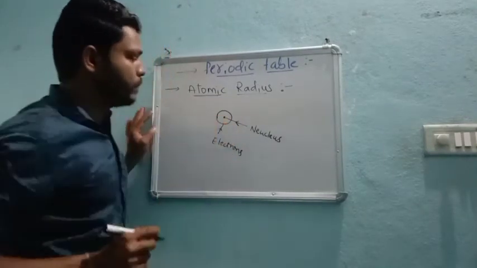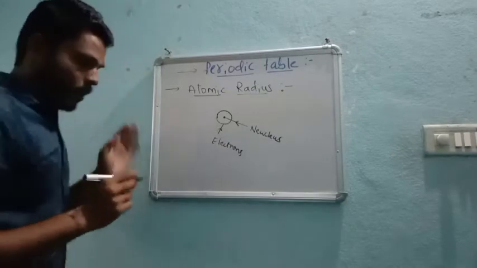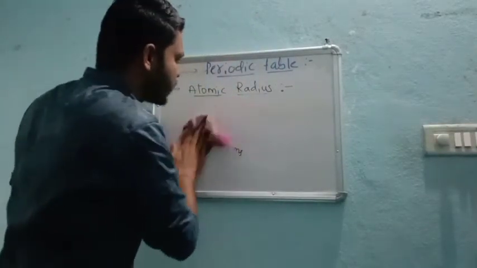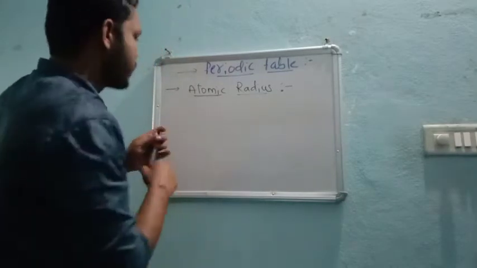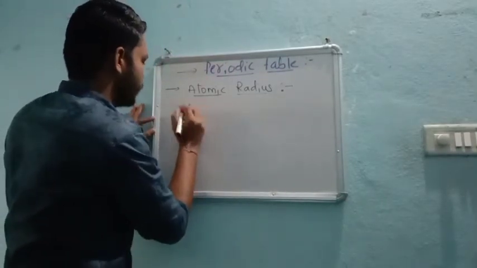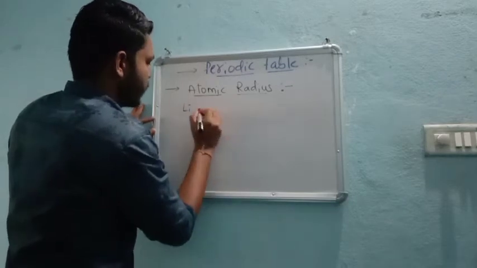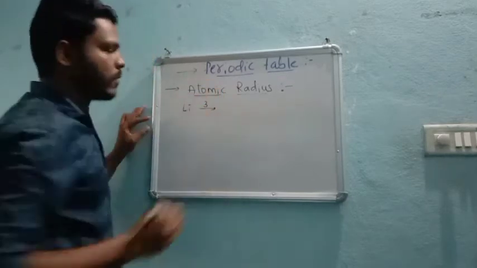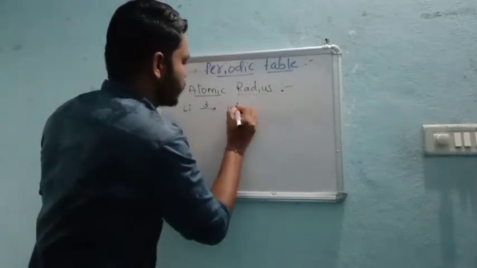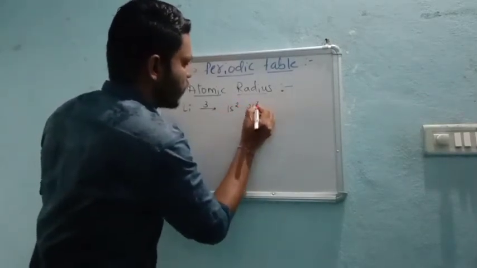So now I will take one example to understand atomic radius. Say for example, lithium, whose atomic number is 3. So 1s2, 2s1.